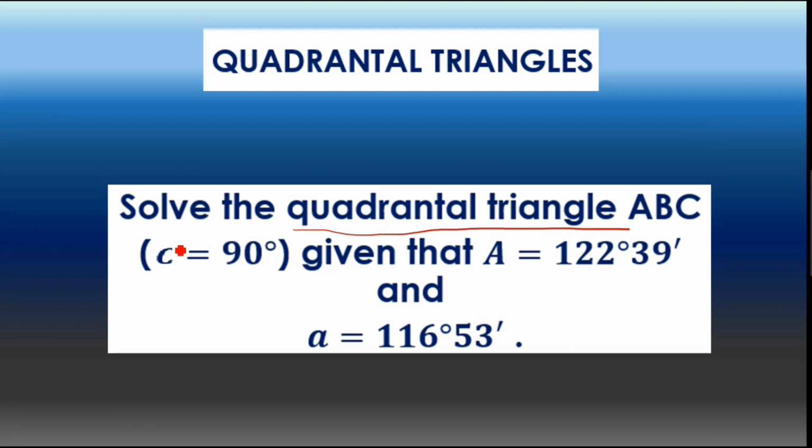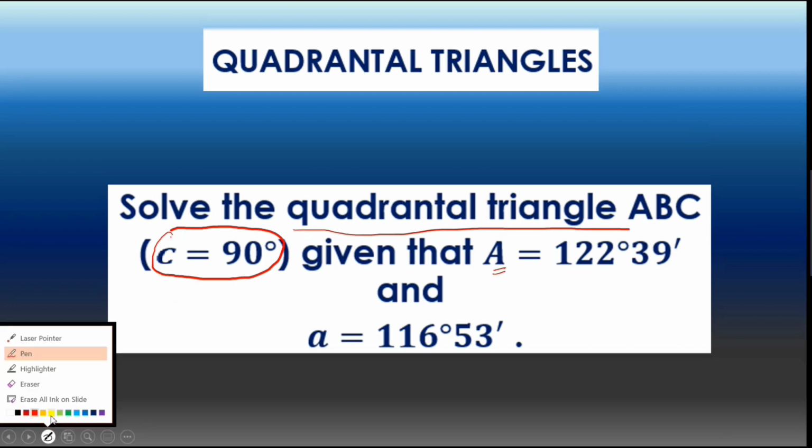The given angle is A that measures 122 degrees and 39 minutes, and side a that measures 116 degrees and 53 minutes. But then what is this measurement inside the parenthesis? Okay, this is the measure of side c, which is 90 degrees.